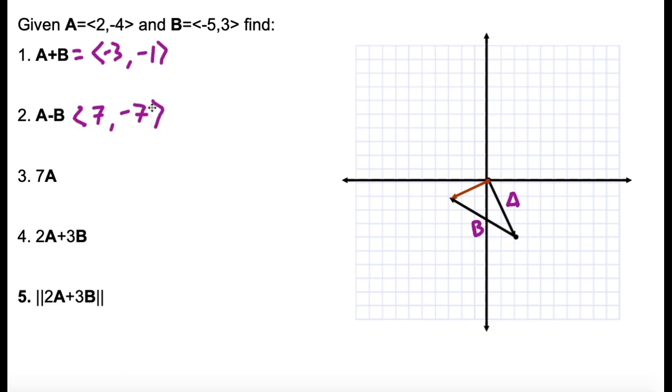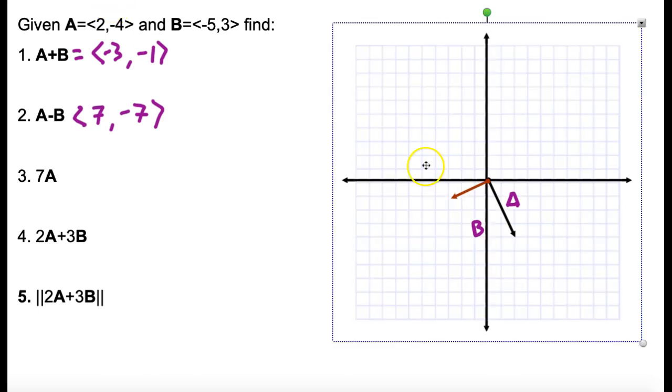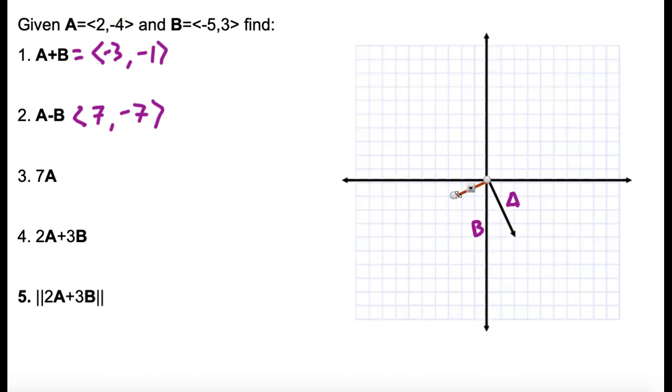So to subtract vectors graphically, let's get rid of that one. To subtract vectors graphically, all we're going to do is put both initial points in the same spot.